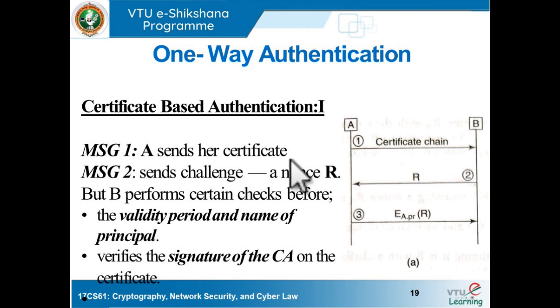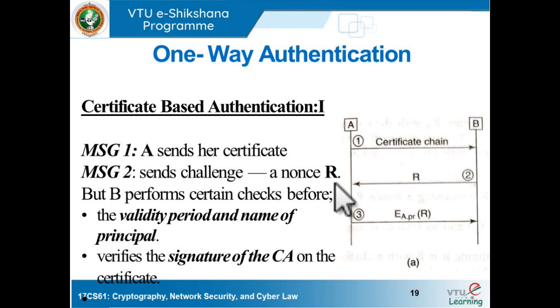Over here the scenario remains the same, wherein A is trying to authenticate itself to B. Now A sends her certificate to B. Now what does B do? B selects again a nonce value and sends it back to A as a challenge that A has to take up, resolve and send back to B.